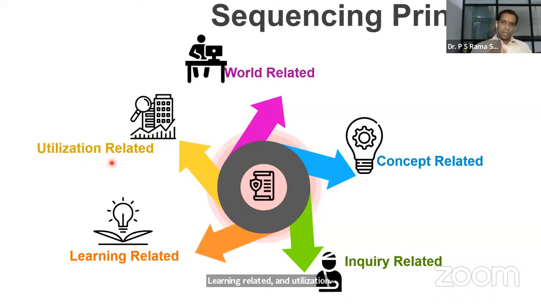We have to understand the nature of the course and which of these should take a larger dose. In semester 1, let us say the course deals with more concept related sequencing. Then in semester 2, the next higher semester, how does it have to relate? If from concept it goes straight to utilization related, then it is a very bad way of designing the curriculum. Sequencing is very important, right? From world related, it may suddenly jump to learning related.